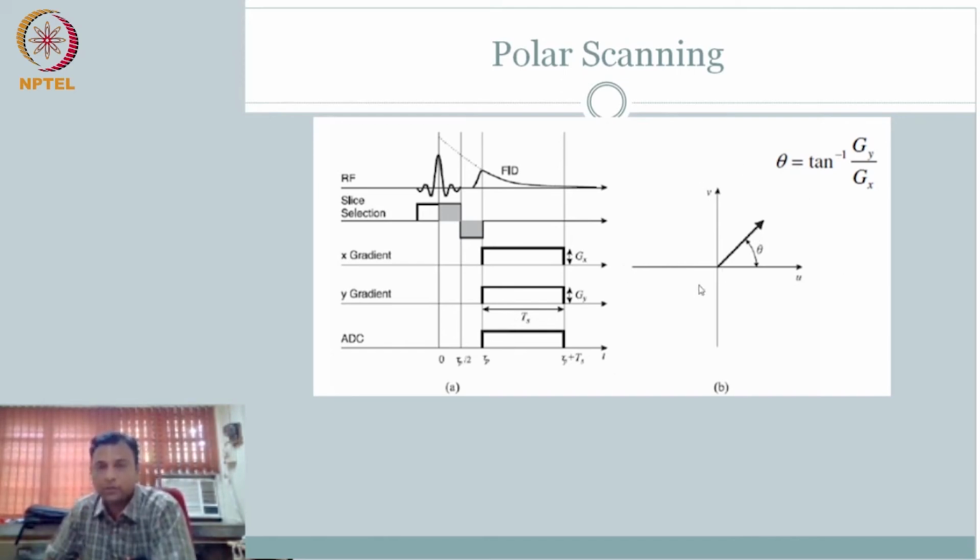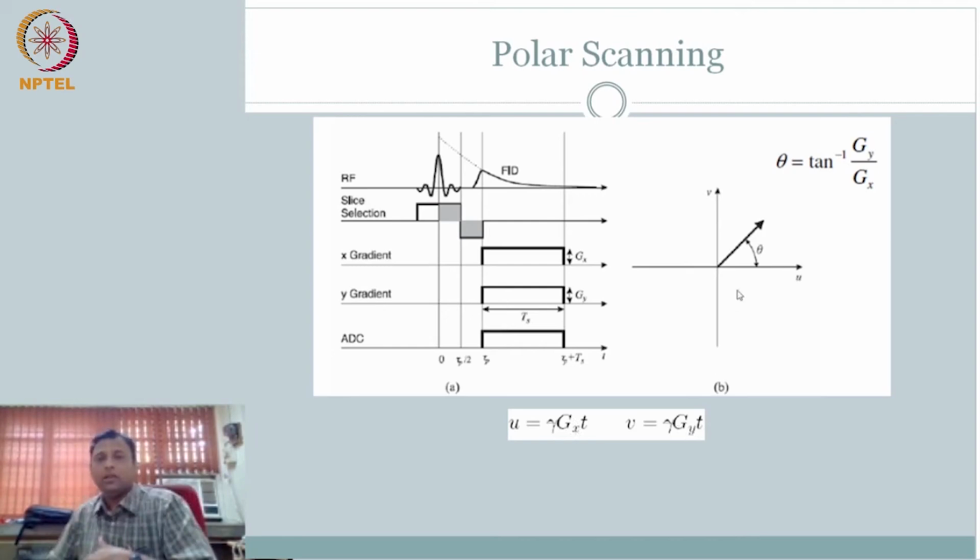You put in one sequence, you get one thing, you wait so that the signal comes back, and then you repeat the experiment. Your frequency axes will be gamma Gx t, gamma Gy t. The highest frequency will be as far as you are recording, which is over Ts. So gamma Gx Ts, gamma Gy Ts would be the highest frequency that you have recorded in the UV space.